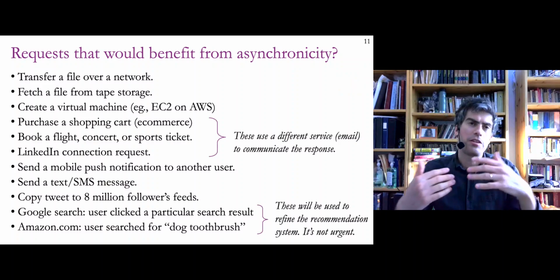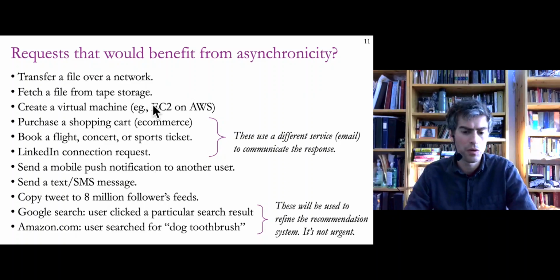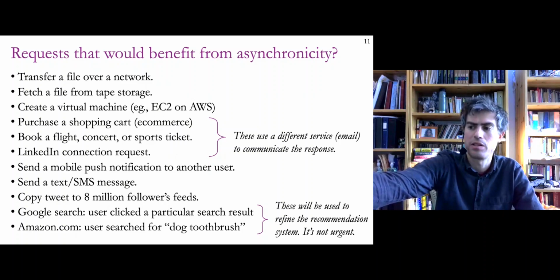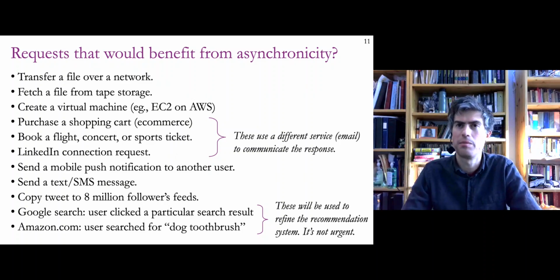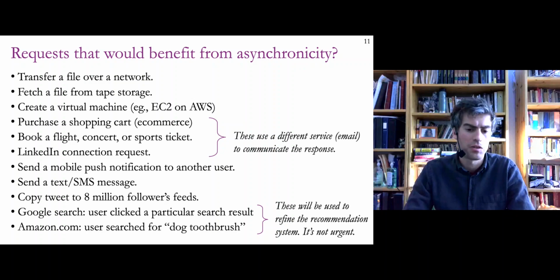All right, so basically these are going to be things that take a long time in general, or things that could fail at a later time that's unpredictable, either because of the processing involved or because of the human systems involved. An example of a thing that takes a long time might be transferring a file over a network.